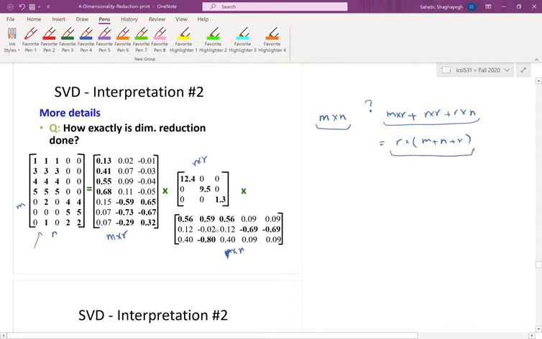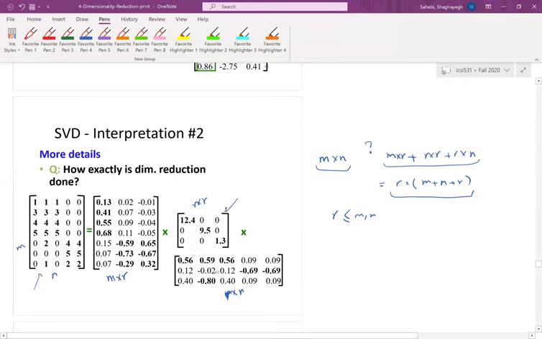Well, in most cases, yes, because r is usually selected to be way smaller than m and n. But also there's another way to reduce the dimensionality of our data, and that is by looking at the singular values.